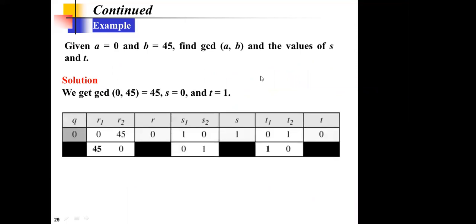Okay, this is the same case. A is 0 and B is 45. Then what will happen? You see that it comes out T is equal to 1 and S equal to 0. So why we are assigning S 1 and 0 and T 0 and 1, from this it is evident.